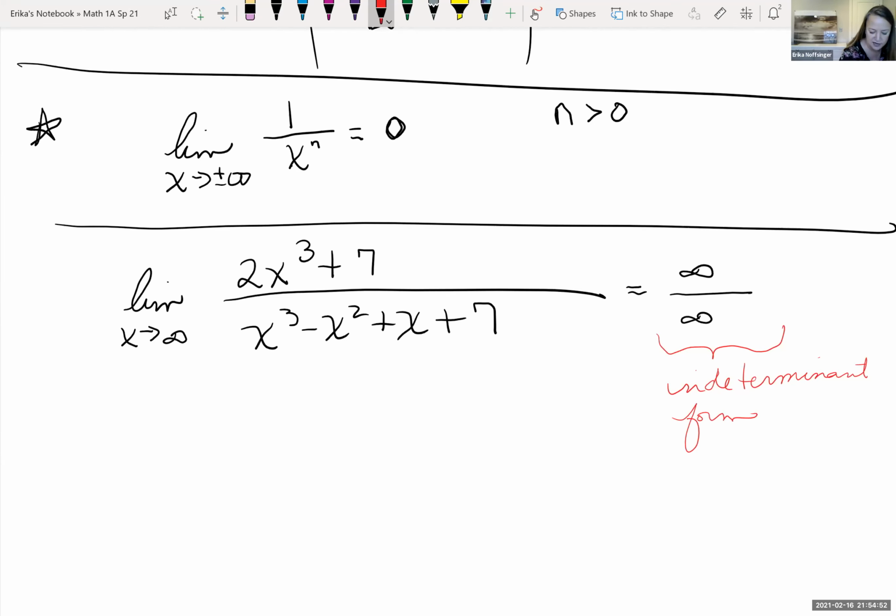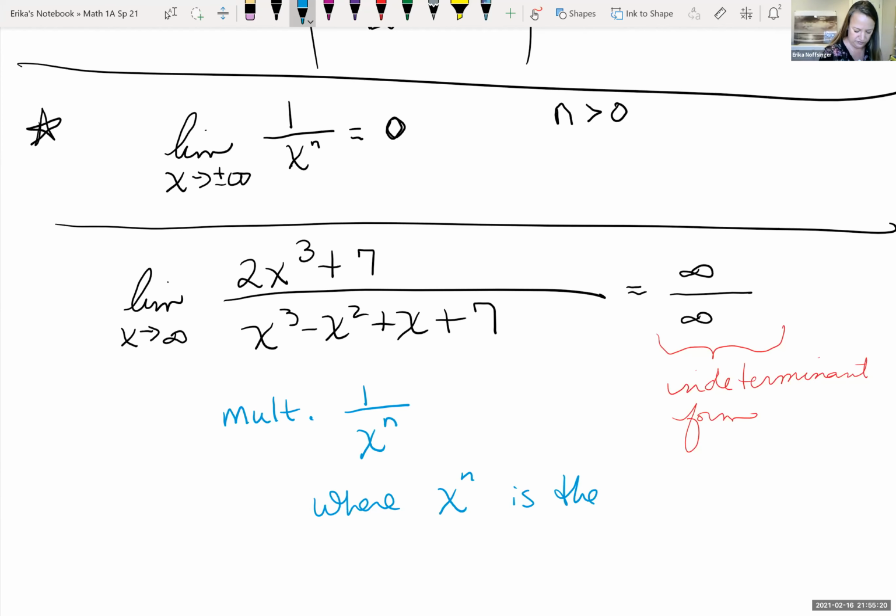So there's a trick where we multiply by this fancy 1, and our fancy 1 is going to be 1 over x raised to the nth power, where n is the degree of the denominator.